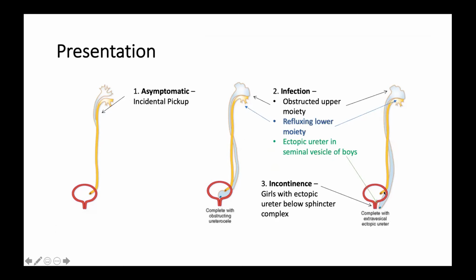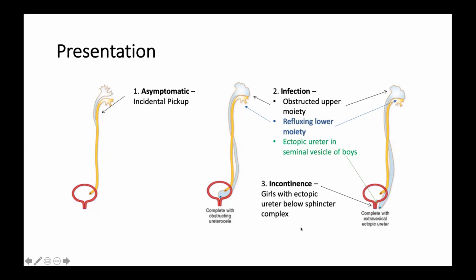Sometimes the ectopic ureter can implant in the seminal vesicles in boys, and these boys can present with orchitis, which is why whenever I have a patient who presents with an episode of orchitis, even if we haven't successfully grown an organism, I will proceed to a normal UTI workup, and I'll start with an ultrasound and proceed from there.